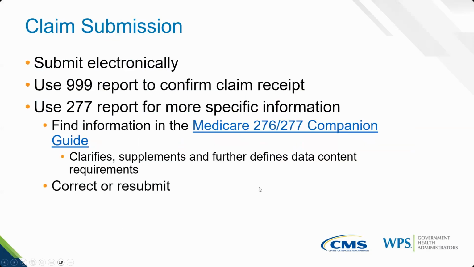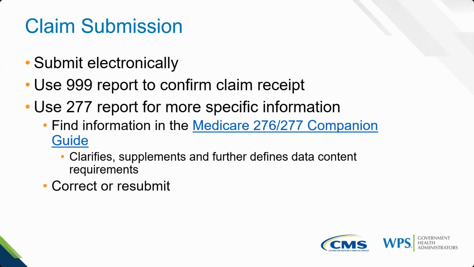I want to talk a little bit more about claim submission. Most providers submit claims electronically. Very few qualify for a waiver under a law that prohibits payment of services or supplies that a provider did not submit to Medicare electronically. Now, to confirm claim receipt, providers should use the 999 report and use the 277 report for more specific information.